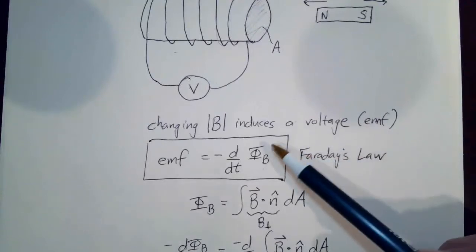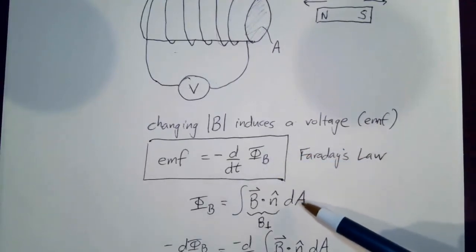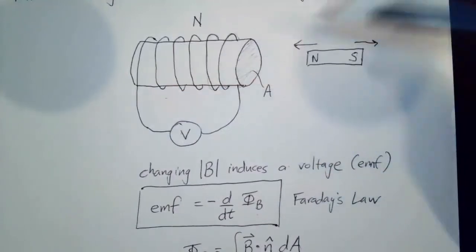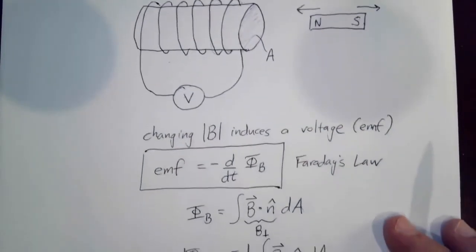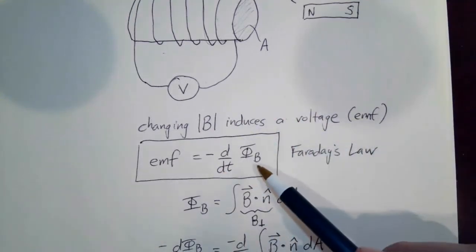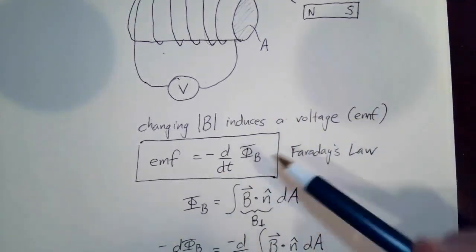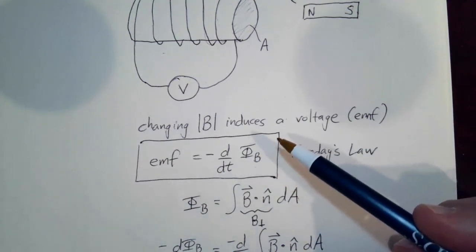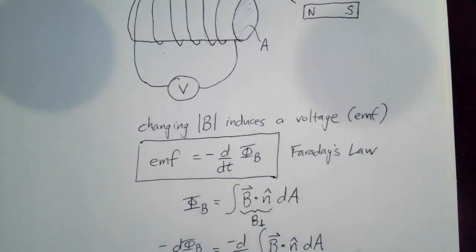It's going to multiply the area by a factor of N, the number of coils. And that's a constant because we're assuming we're not changing the number of coils in the solenoid, although I guess that is a possibility. But for our cases, it's not going to happen. And so having N coils effectively increases the area by a factor of N, which effectively increases the flux by a factor of N. So Faraday's law then becomes this.